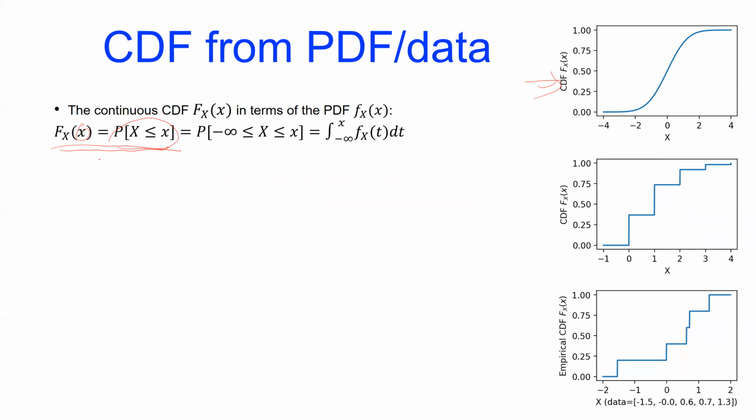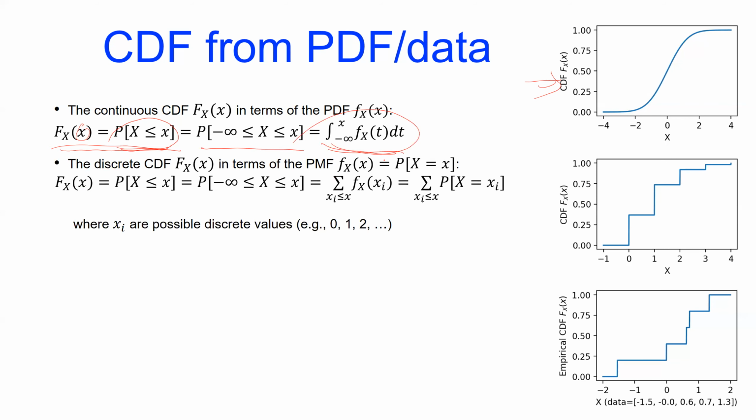But if we are talking about the continuous case, this probability will equal the integral from negative infinity to x. Think about this as the area to the left of your x, if you are given a density function, a PDF. Any questions? Okay.